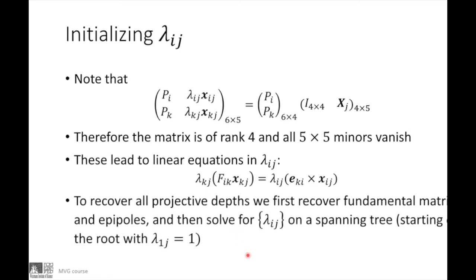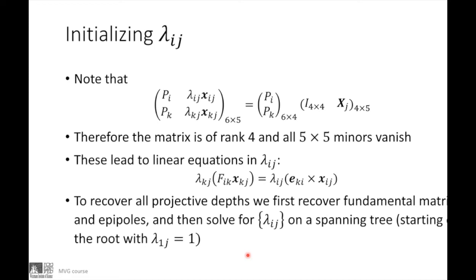So what do we do? We take pairs of images and compute the fundamental matrices. From the fundamental matrices, we can compute the epipoles. These are just the null spaces of the fundamental matrices. And then we want to solve for the lambda ij's. How do we do that? We start with one image and say lambda ij is 1.